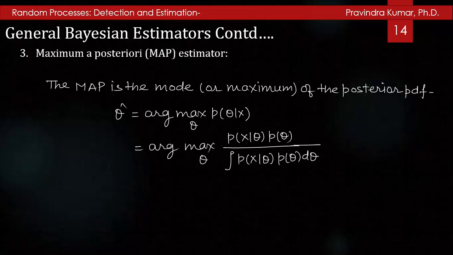So theta cap is equal to argmax over theta of the posteriori PDF, p theta given x, which you can write as p x given theta times p theta divided by the integral of p x given theta into p theta d theta, and you can write it as argmax of p x given theta p theta. This was shown to minimize the Bayesian risk for a hit or miss cost function.